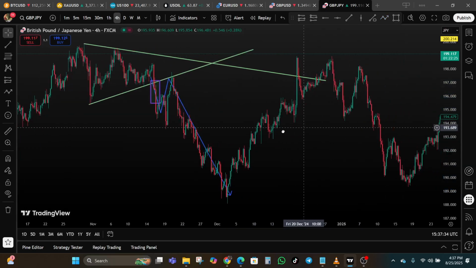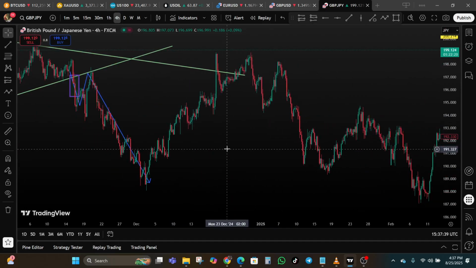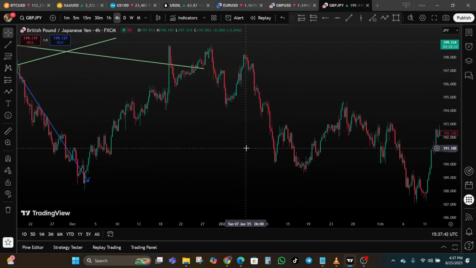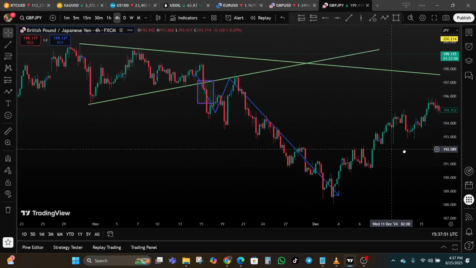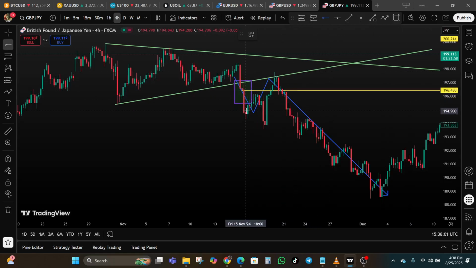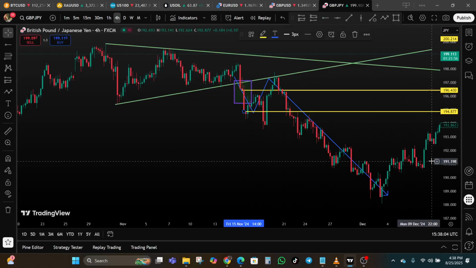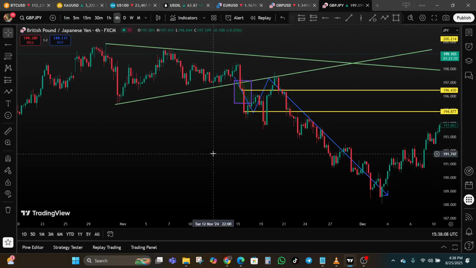Next, we have fair value gaps. After displacement, the market often leaves behind an imbalance. For example, you can see that after this strong price move, there was an imbalance left. The imbalance we are talking about is a fair value gap.